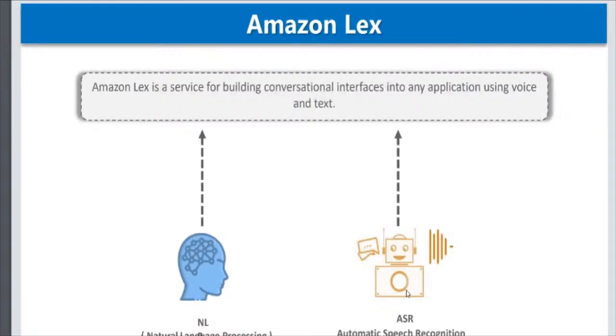So we have to train the system with thousands of petabytes of data so that it understands the different ways in which a single word can be pronounced and what exactly it means, so that it can behave accordingly.